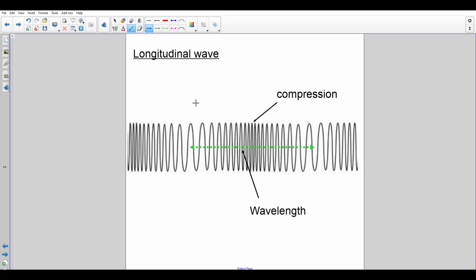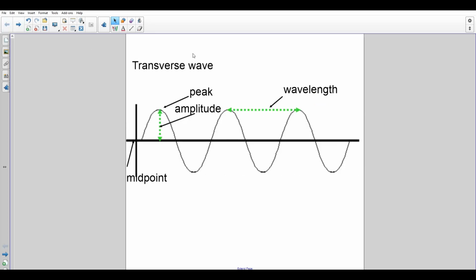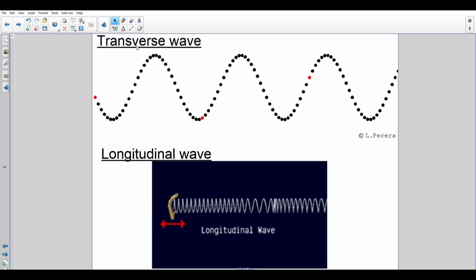And in the areas where they're far apart, the particles are rare, so we call it an area of rarefaction. Particles are rare, so we call it rarefaction. Particles are compressed, so we call it compression. So this is a longitudinal wave, and this is a transverse wave.